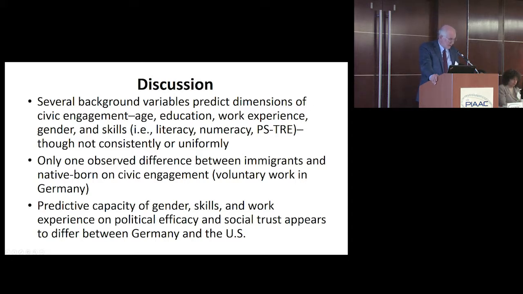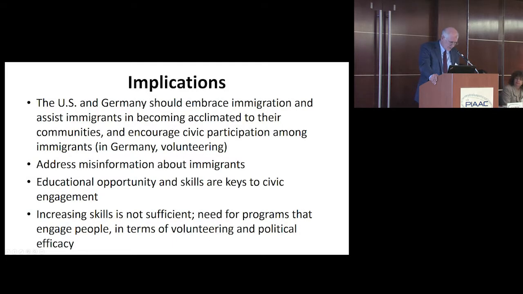And they experience political efficacy and social trust equally to the native-born in both the US and Germany. These findings suggest that, at least for the US, policy efforts to promote social integration may be showing success, and I'll let Anke speak to possible policy implications in Germany.